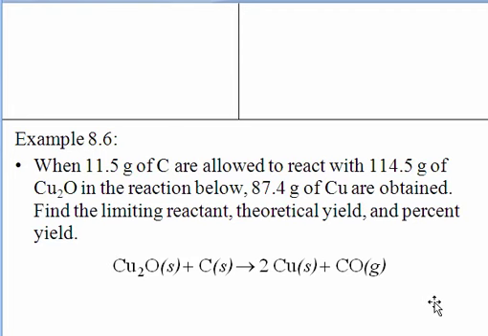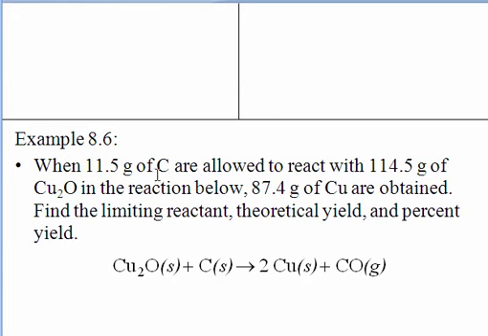So let's look at this example that pulls everything that we've looked at in this chapter together. Here we have a balanced chemical reaction. Copper(I) oxide reacts with carbon to produce elemental copper and carbon monoxide.